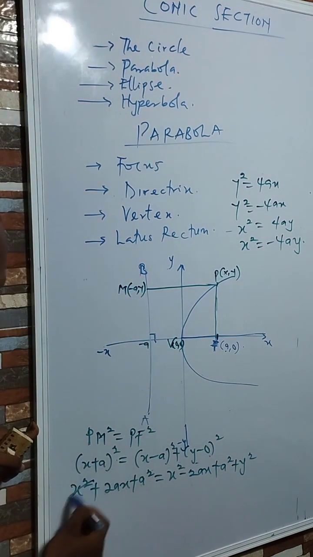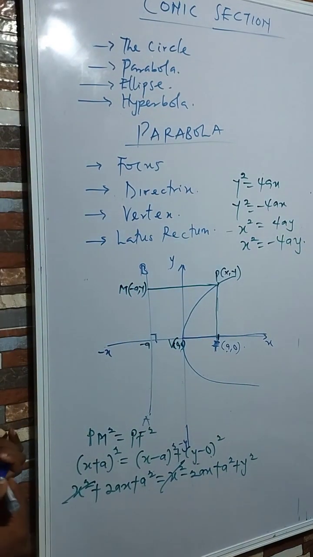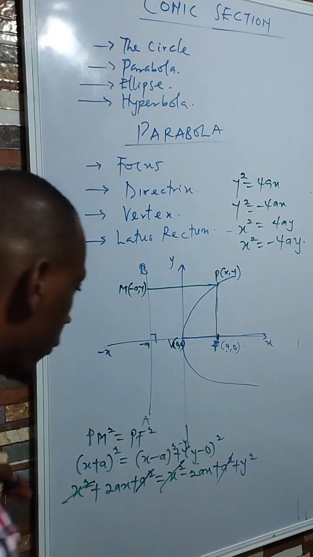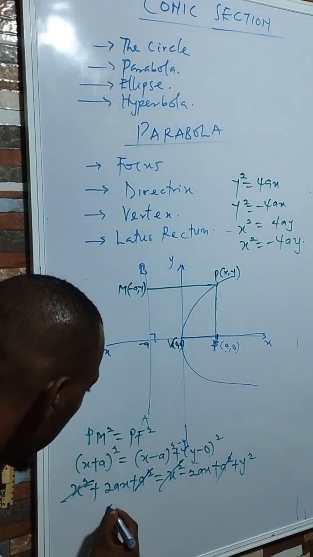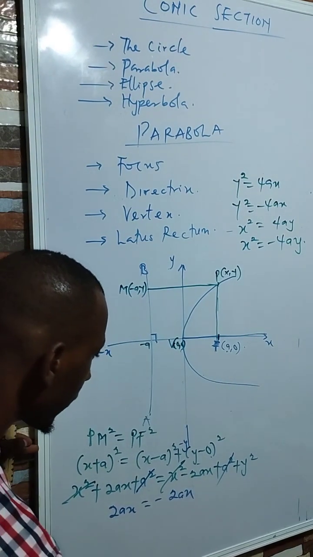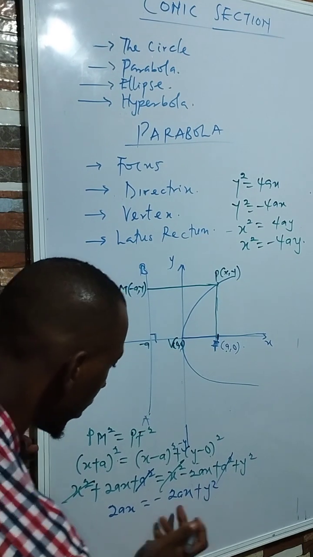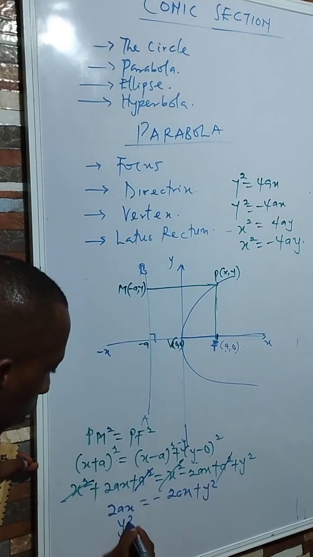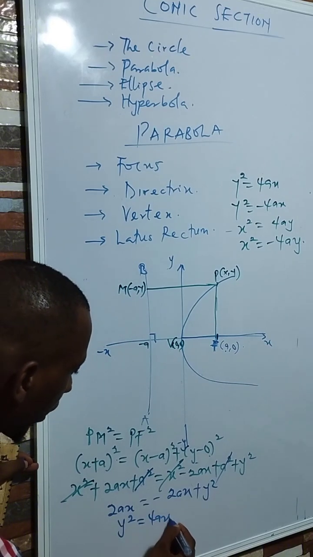Now, if I cancel this x square and the other x square, and I also remove this a square and that a square, I'll be left with 2ax equals minus 2ax plus y square. Let's collect like terms now. By collecting like terms, I'm going to have y square equals 4ax.